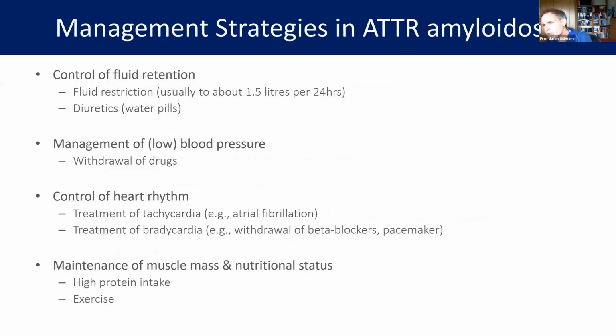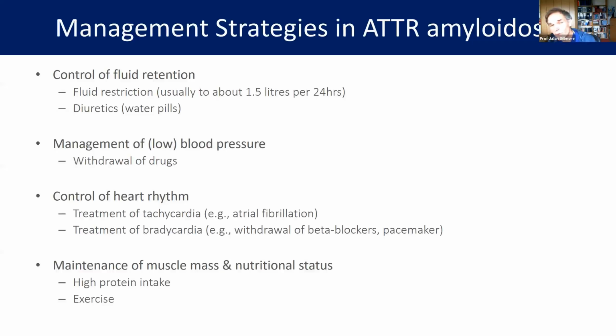In terms of the management of cardiac ATTR amyloidosis, in terms of symptomatic management, first of all, the main thing that we try and control is fluid retention. Patients with cardiac ATTR amyloidosis, like any other cause of heart failure, tend to retain fluid. And so what we need to do is help the body to get rid of fluid by asking patients to put less in.